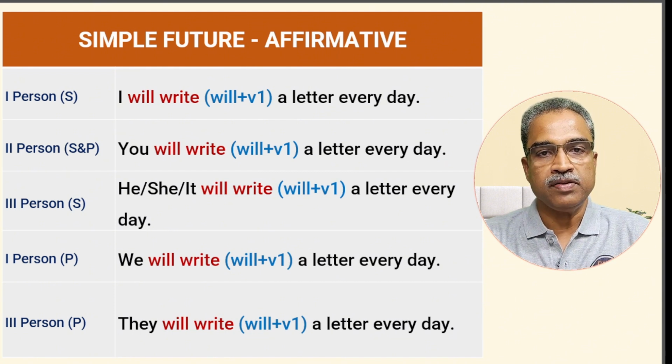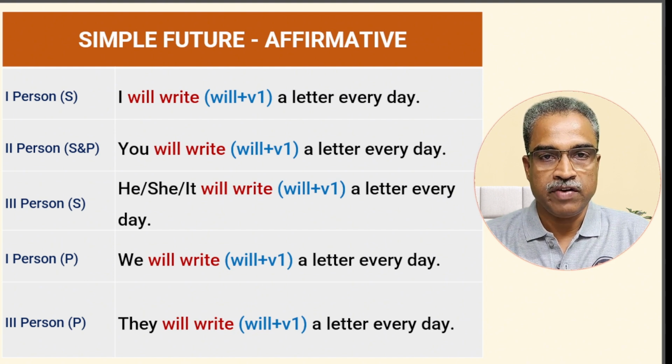So the subject plus will plus V1, the root form, the first form, the present form of the verb. So in our example, it is write, the root form, and wrote V2 past and V3 written, past participle.